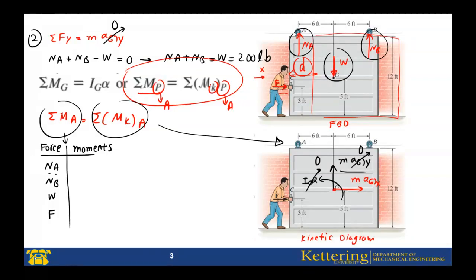Now, what is the moment of the NA about A? 0. Easy one. What is the moment of normal force of the B? Yes. How much is it? MB times 12. MB multiplied by this distance, 6 plus 6. I write this one look like this, so that you know how I found the 12.